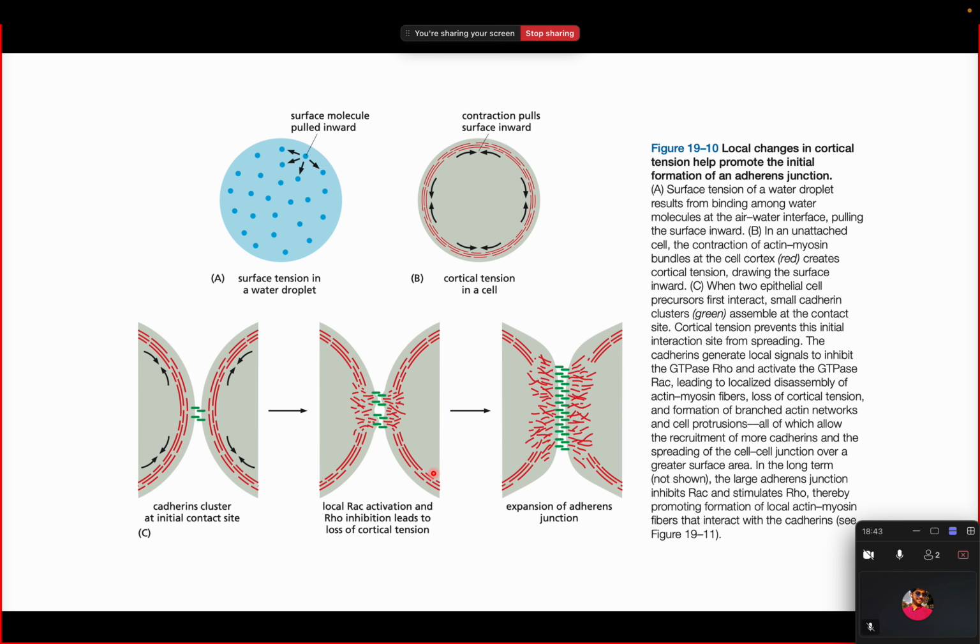Now, if you try to connect this knowledge with the disease cancer, which leads to the metastasis of the cancerous cells, right? For a cell to dislocate itself from one position to another, we need to break these interactions. Only then will a cell be able to move from one place to another, right? Here we are talking about cadherins, which are cell to cell adhesion molecules.